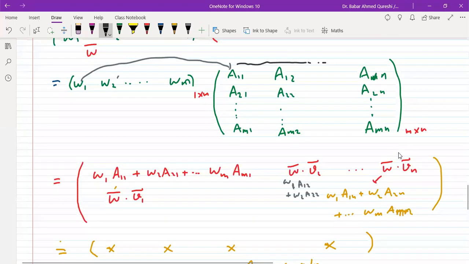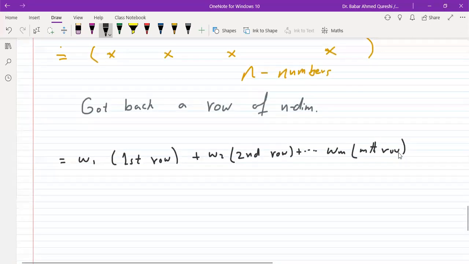I was using M, yeah. So you have M rows in your matrix B. You are making linear combinations of them. So this is your A, it has a bunch of rows.